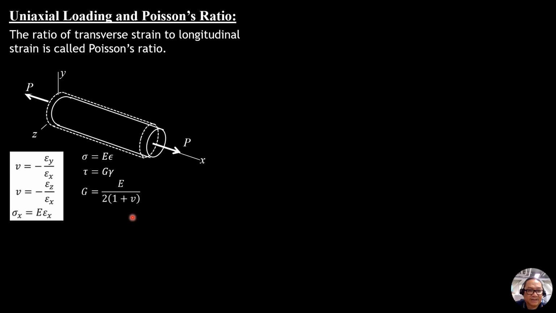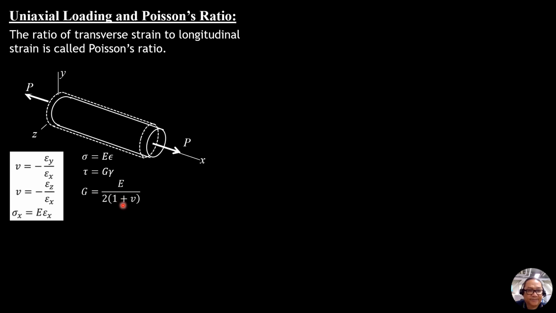But I suggest that we cross multiply and write the formula as 2G quantity 1 plus Poisson's ratio equals E, so that you just read the formula as "2 give equals E."